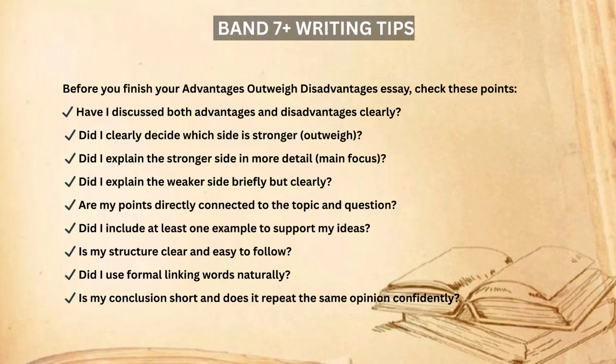Remember, in this essay type, you cannot ignore one side completely. Next is the most important question: did I clearly decide which side is stronger, which outweighs? Because if you do not give a clear decision, it becomes a normal advantages and disadvantages essay and your task response will drop.